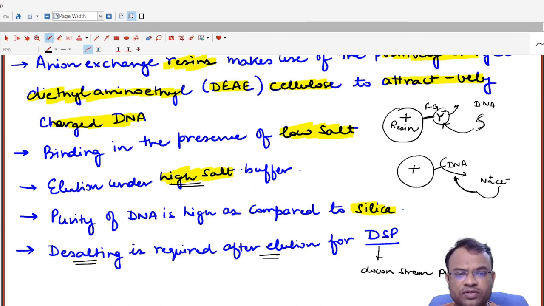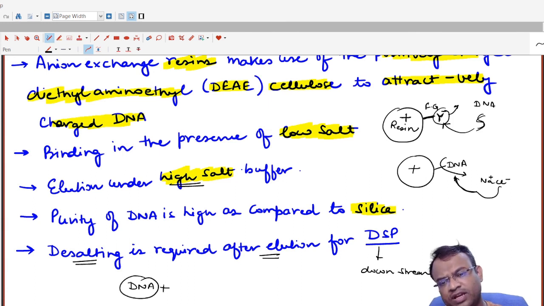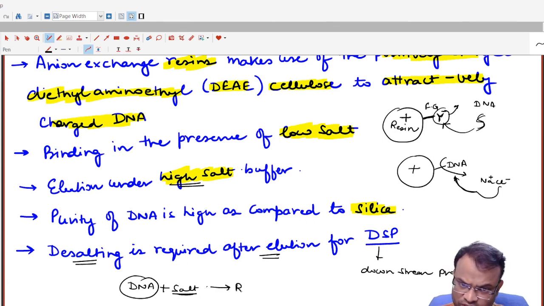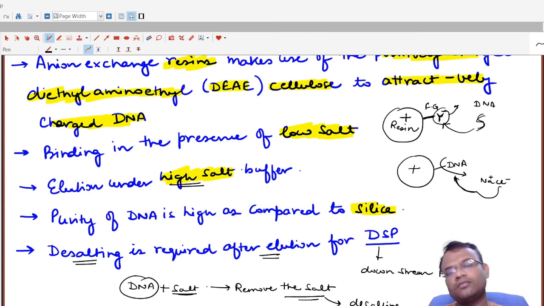So after elution, because this DNA would be in interaction with the salt also, you would want to remove the salts. This removal of the salt is called desalting. Why? Because this DNA would be required for downstream processing, so you need to remove this salt. Okay, I believe you would have understood this.